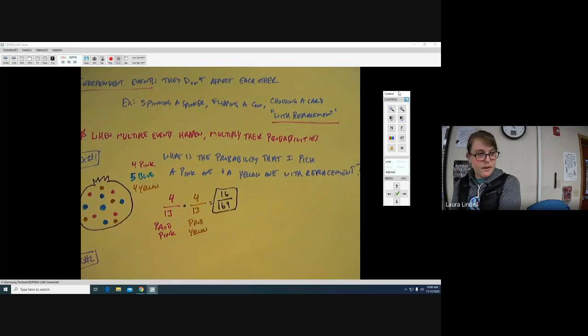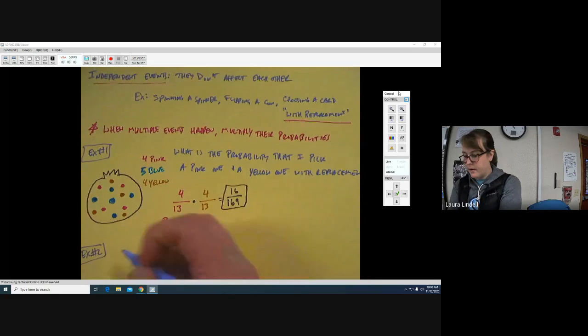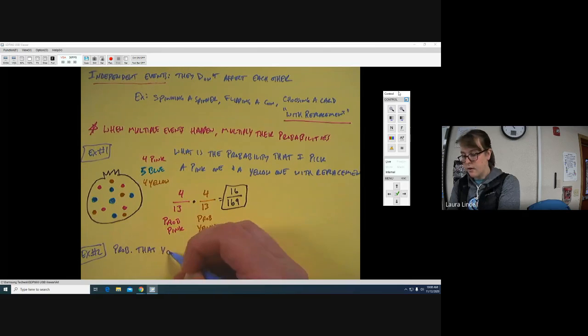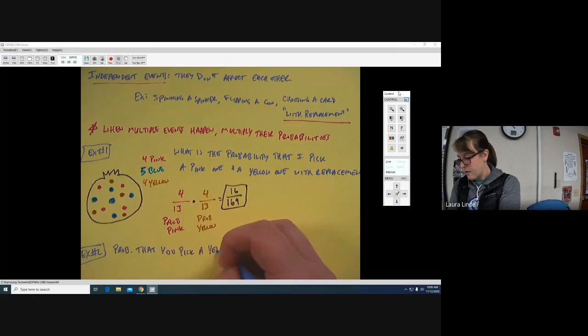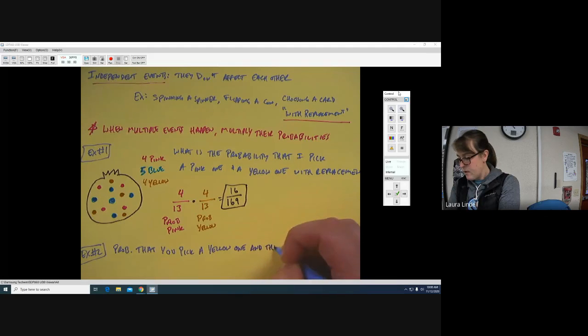Second one, this time we want the probability that you pick a green one, or not a green one, pick a yellow one. Ugh. And then a blue or pink one.